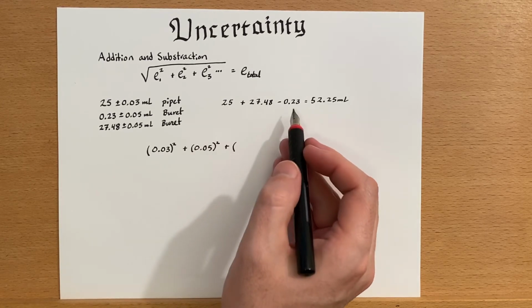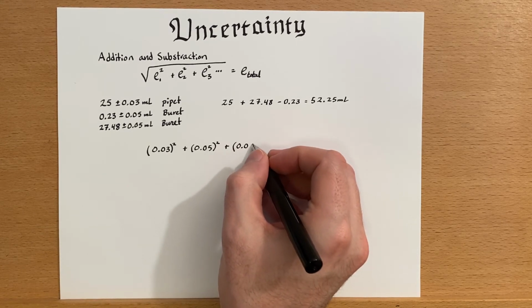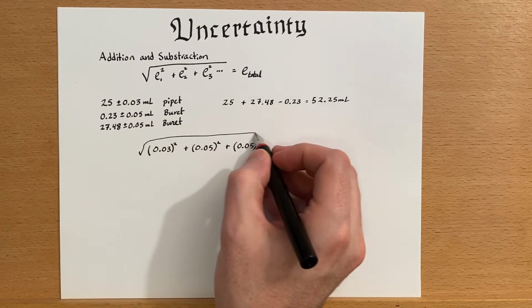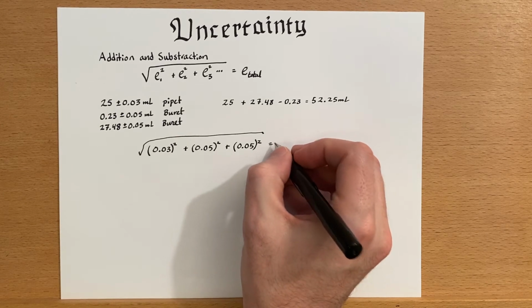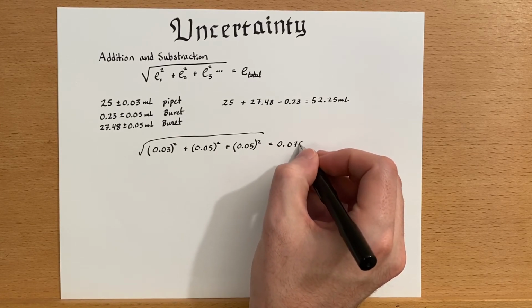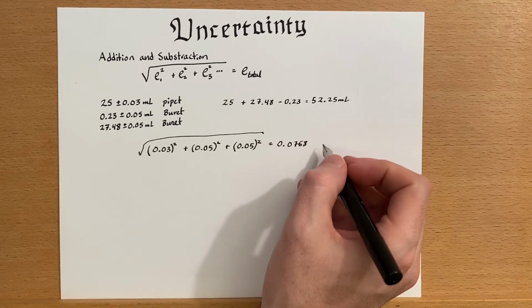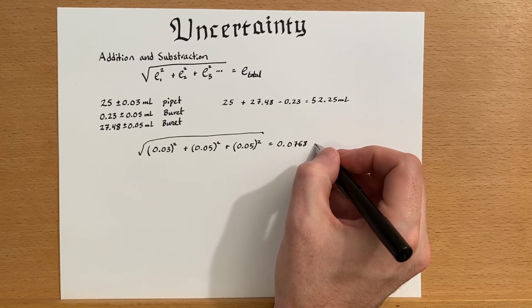And the other burette measurement, also 0.05. And then we'll take the square root of that whole thing. And if we do that, I've calculated that as 0.0768. But usually these get rounded off to just one significant figure.